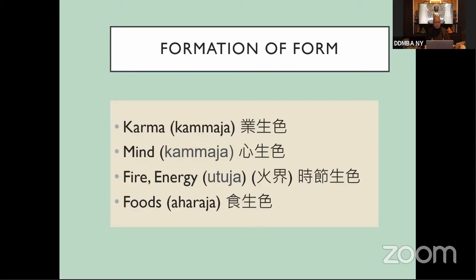The third element is called uptoja, something like that. It's about fire and energy. What it means is when a form aggregates, there are three processes: formation, abiding, and decaying.